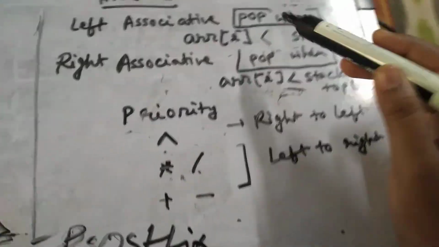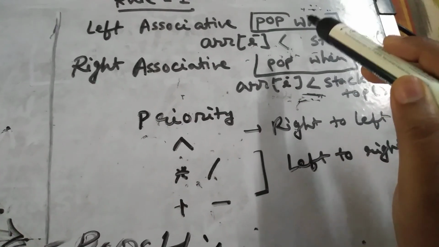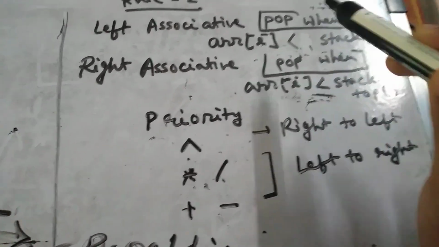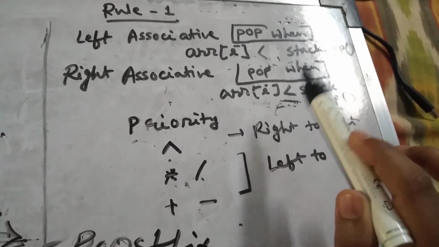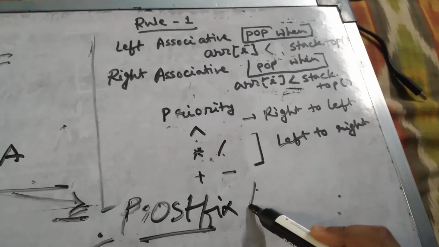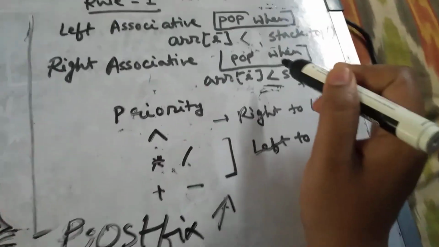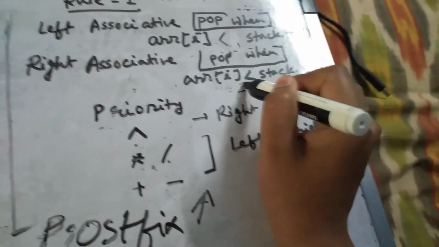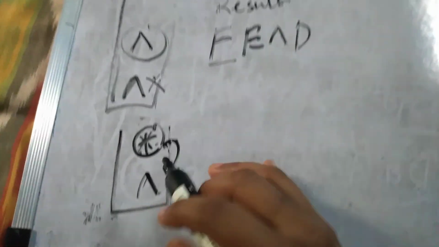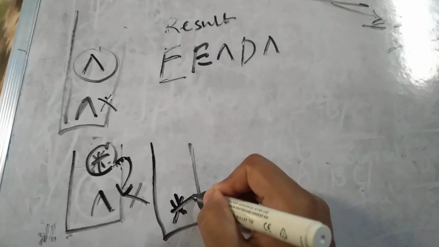So in the prefix conversion, in the intermediate postfix step, these things totally interchange. Here less than or equal to comes and equal to goes, so this time it is a less than operator, so we do the popping and place it in the result, and the stack consists of the multiplication operator.